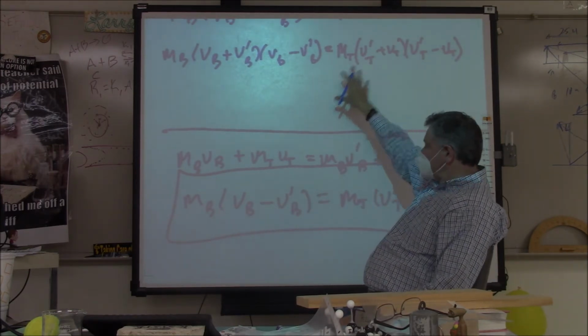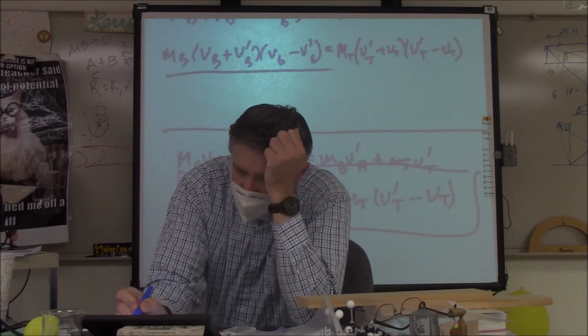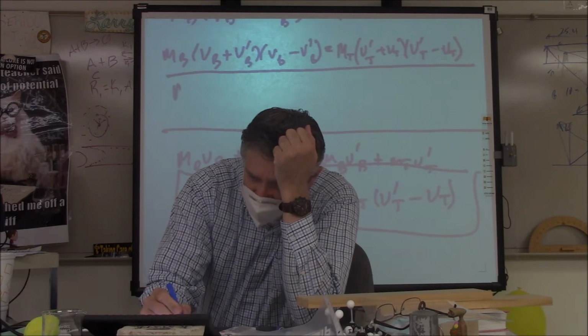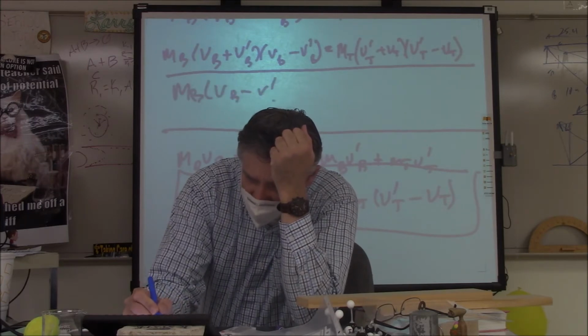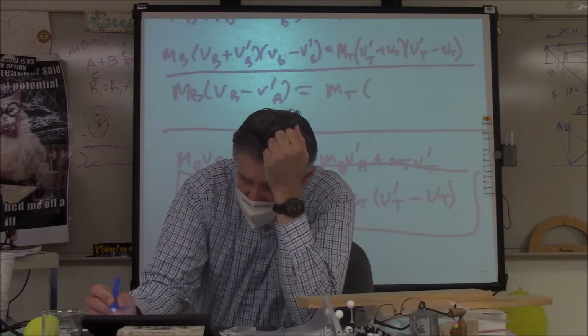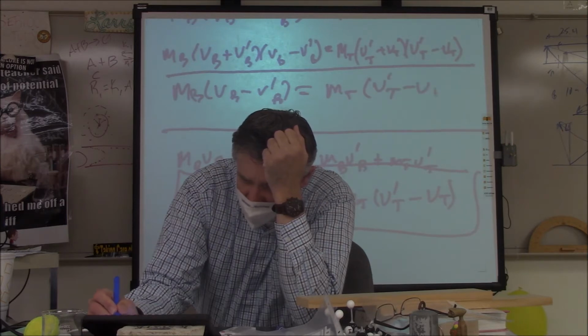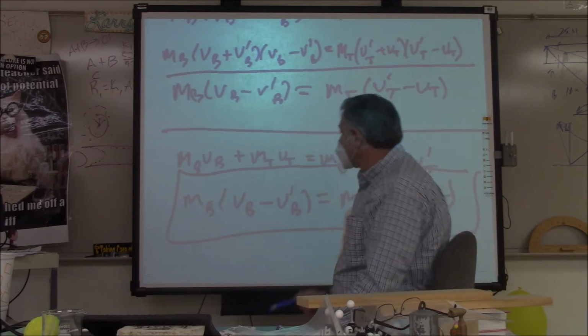Okay? So imagine I'm going to take this whole thing, because they're equivalent, and I'm going to divide this by the mass of the bullet, velocity of the bullet minus the new velocity of the bullet, and the mass of the target times v prime of the target minus vt.